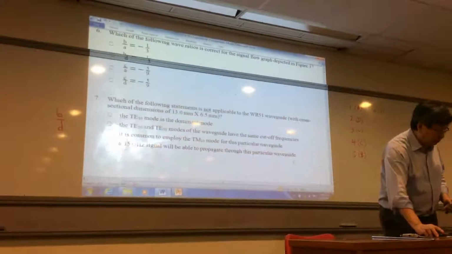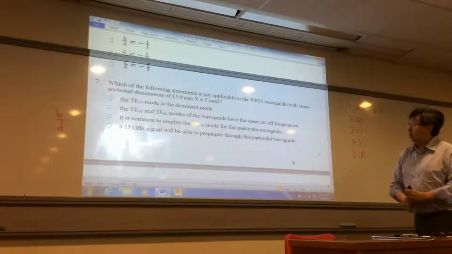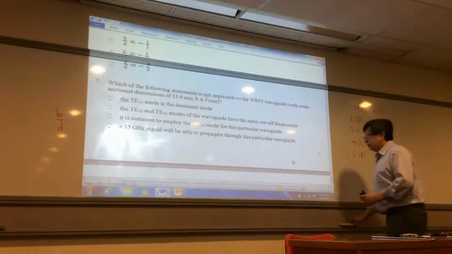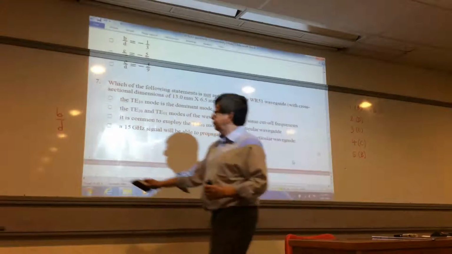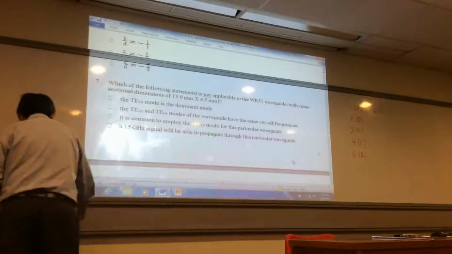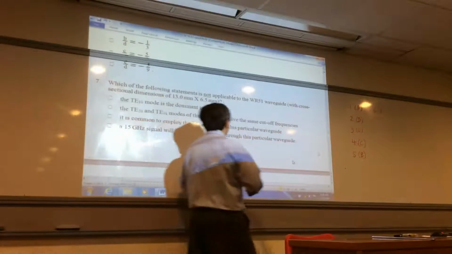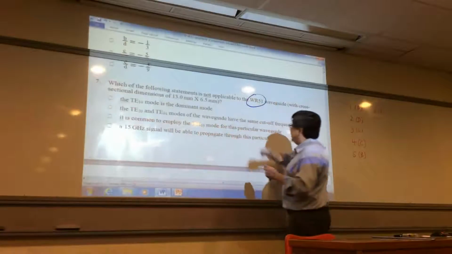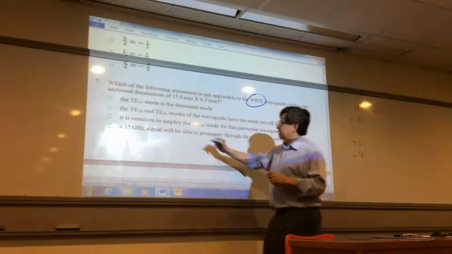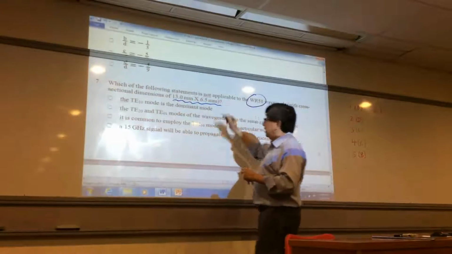Right, so this question 7. We're talking about this WR51 waveguide. It has cross-sectional dimensions given like that.